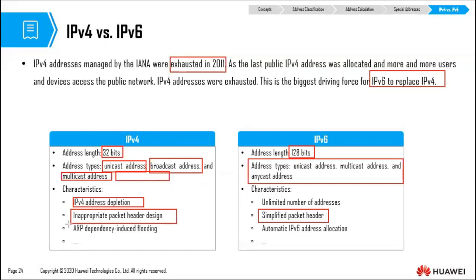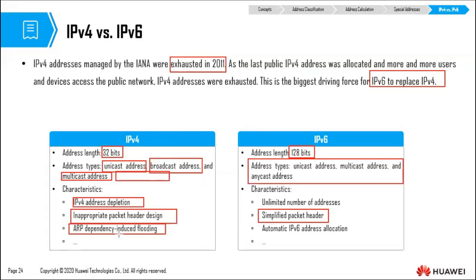Then we know that there is ARP dependency induced flooding. We know that, for example, when we are doing an ARP request, normally it's a broadcast message.